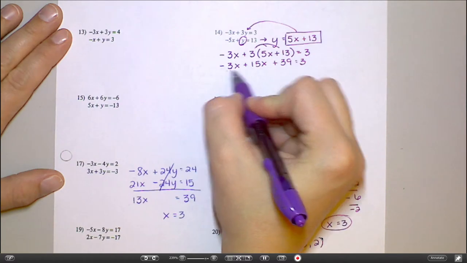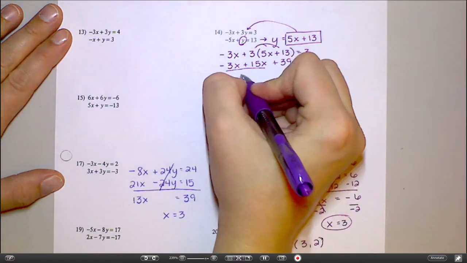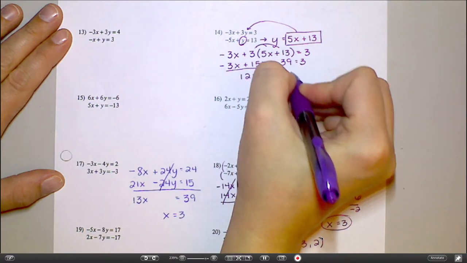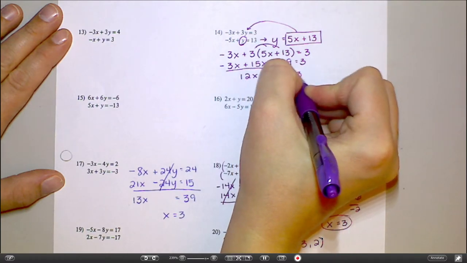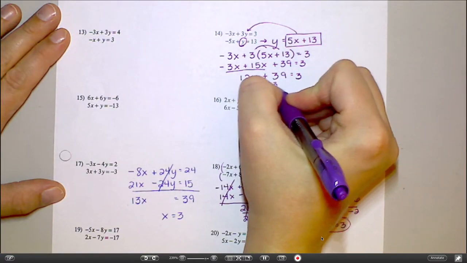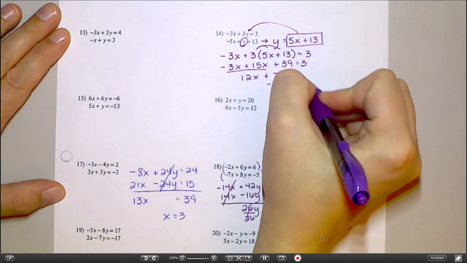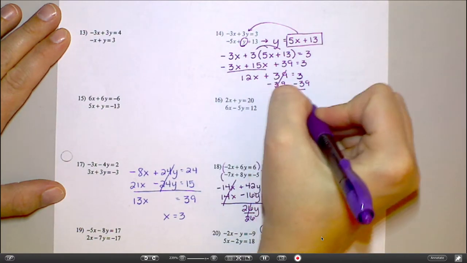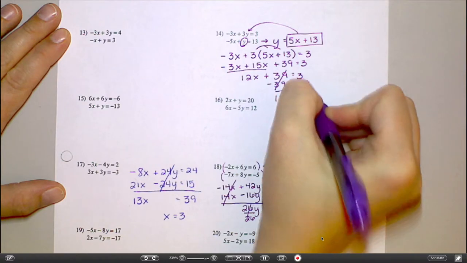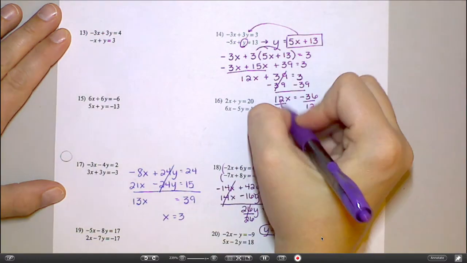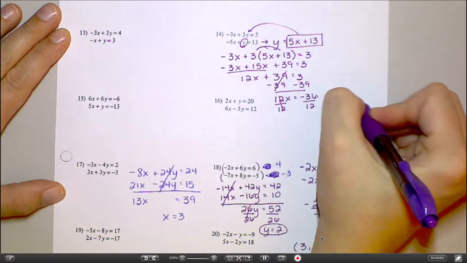You can combine these two, so that's going to make 12x plus 39 equals 3. Okay, subtract the 39. I end up with 12x equals negative 36. Divide by 12. And x is equal to negative 3.